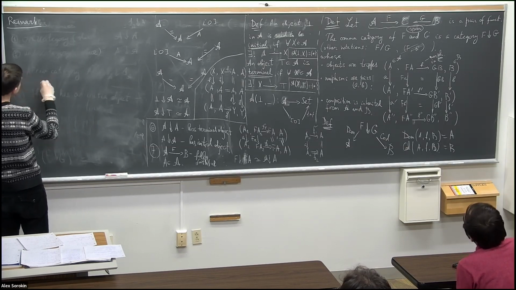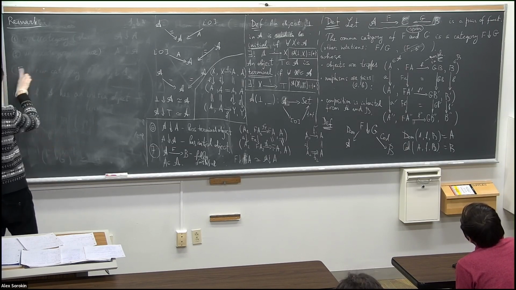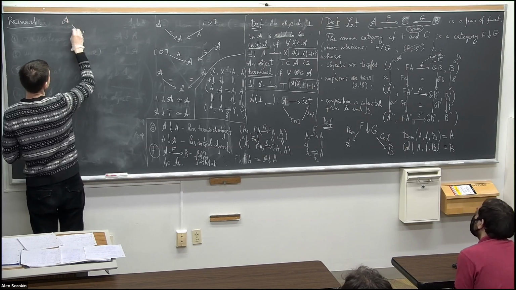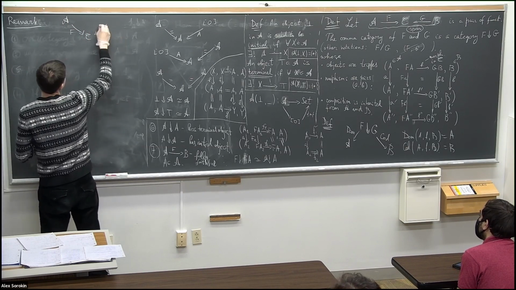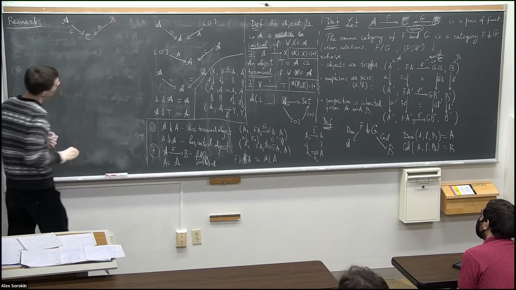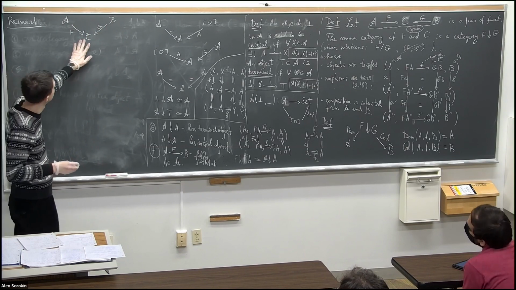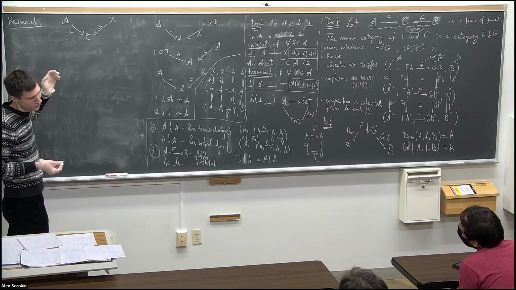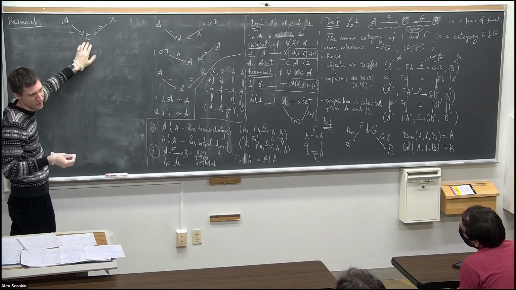So we have functor f. No, let's start from the very beginning. I have a span. I don't know whether it will be correctly called blow up, but probably I will call it blow up. This category C in the following way.